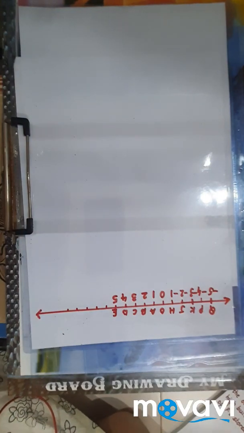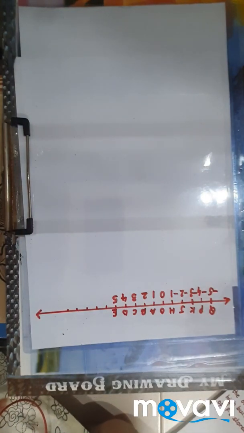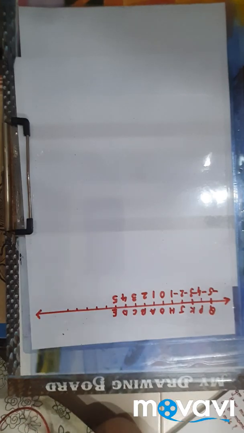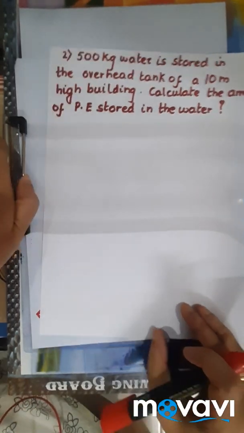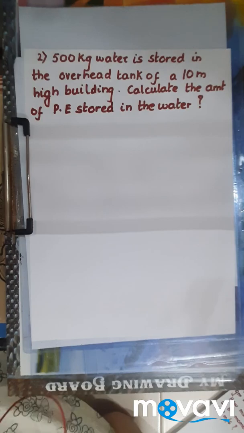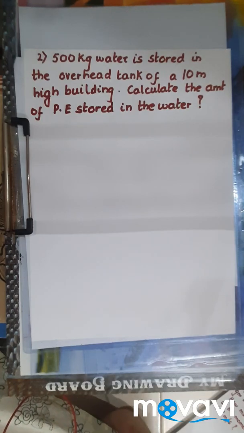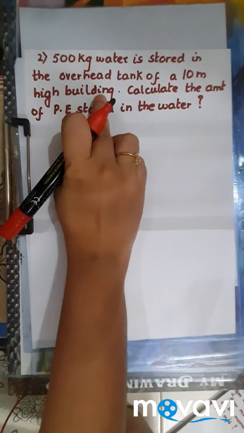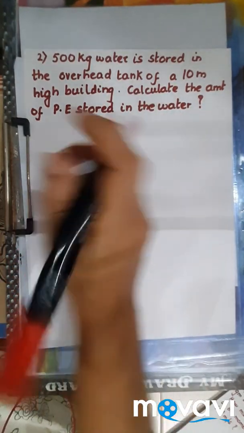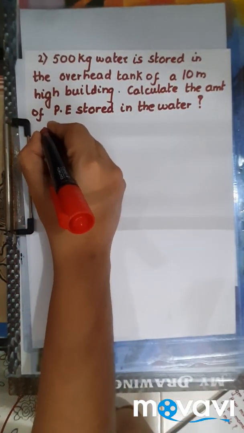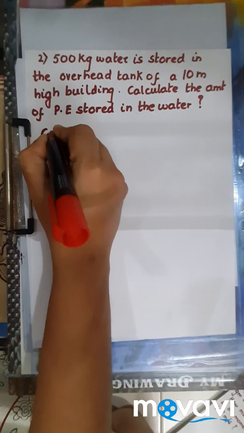Next, 500 kg of water is stored in an overhead tank of a 10-meter high building. Calculate the amount of potential energy stored in the body. Right? So what is given to me?